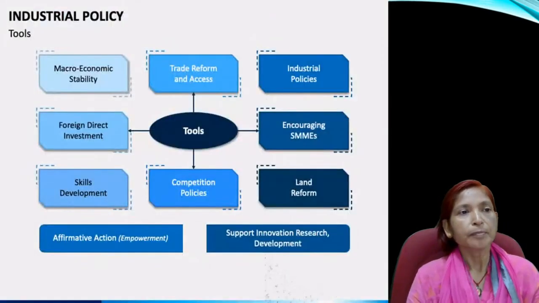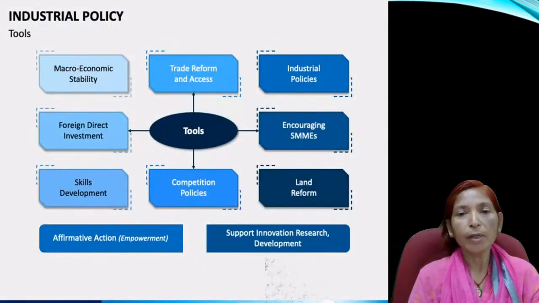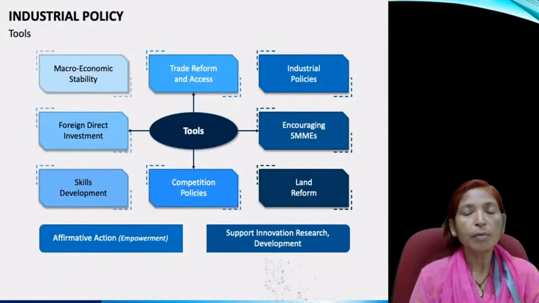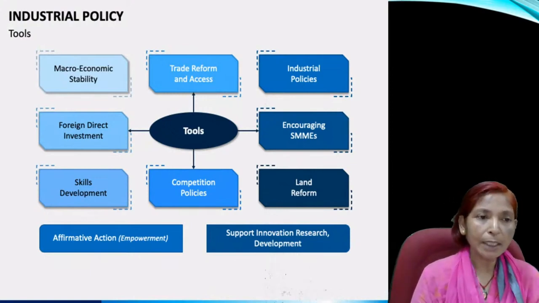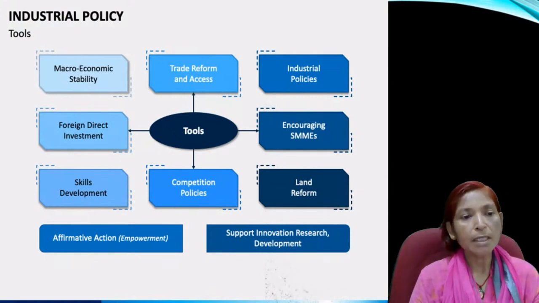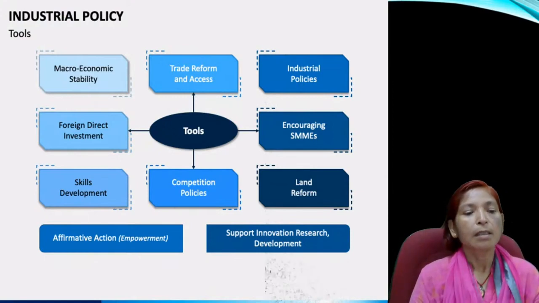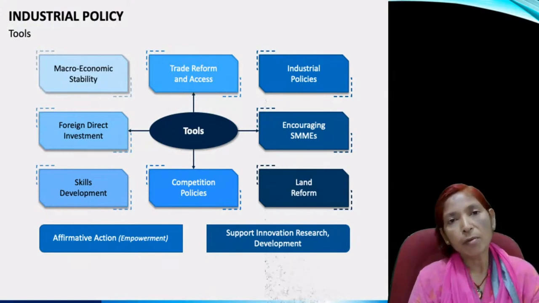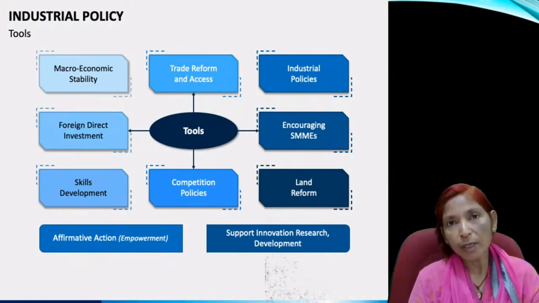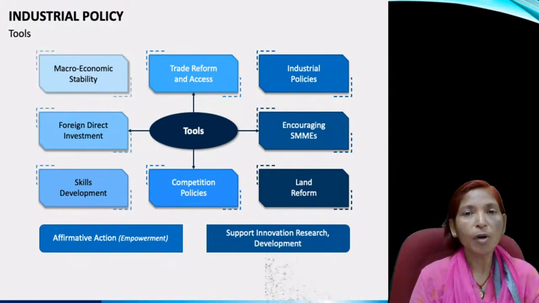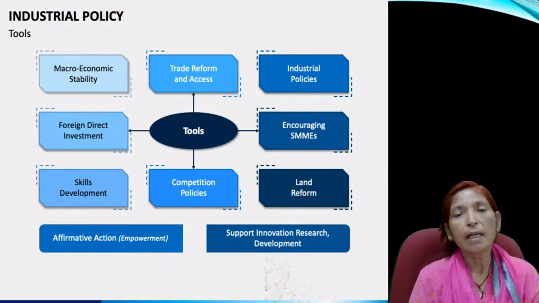Now next is, what are the industrial policy tools? There are some tools which are used while making industrial policies like macroeconomic stability, foreign direct investment, skill development, and empowerment or affirmative actions, trade reforms and access, competition policies, encouraging small, medium, and large scale enterprises.